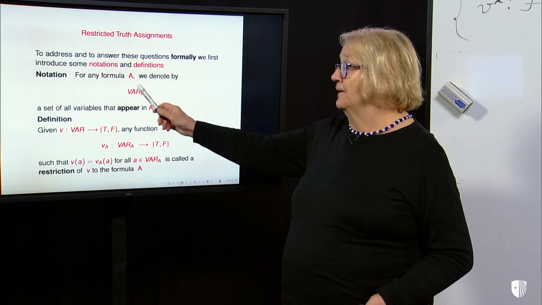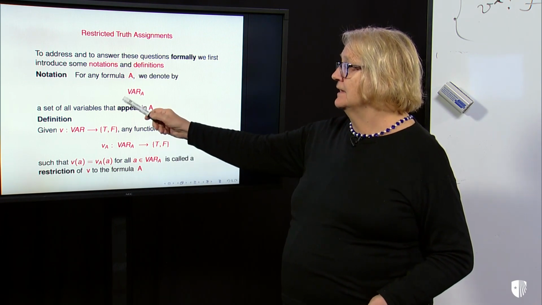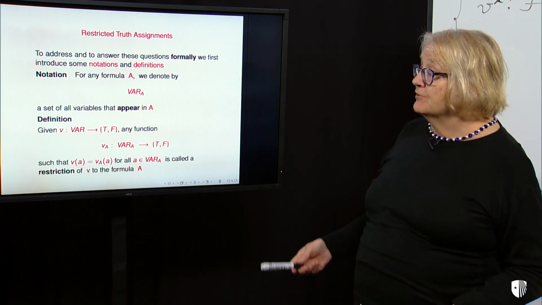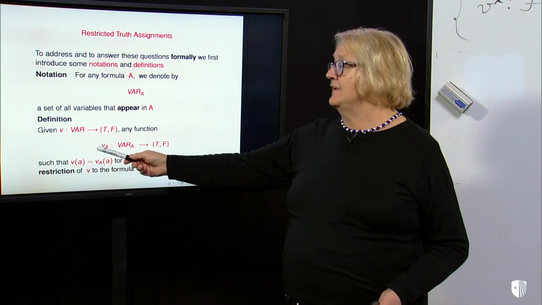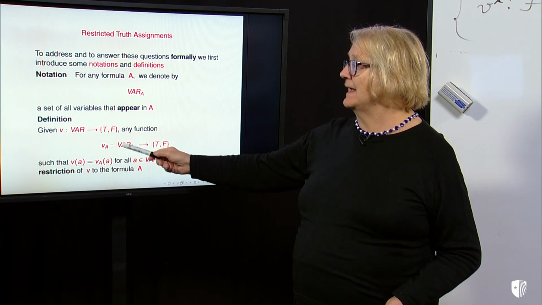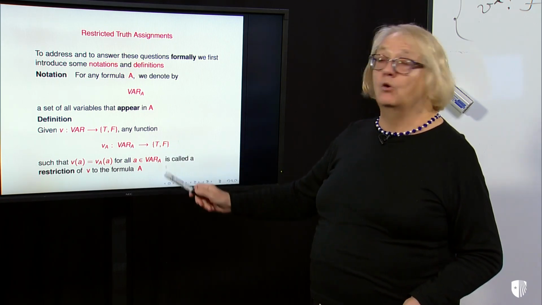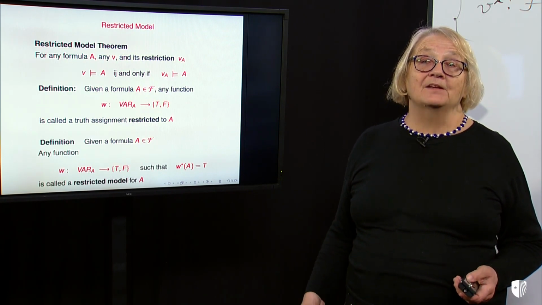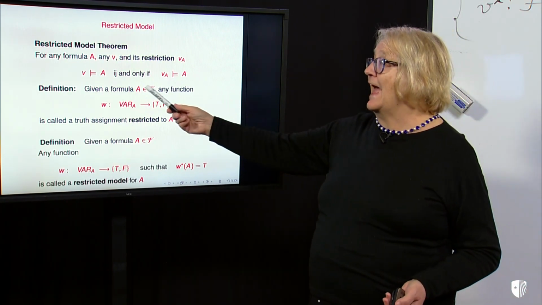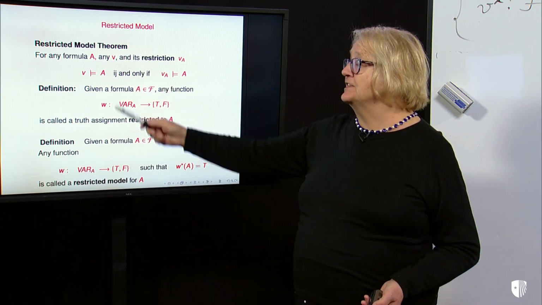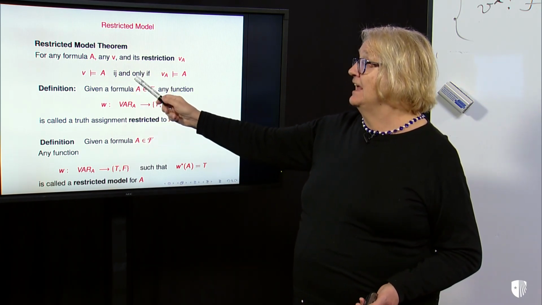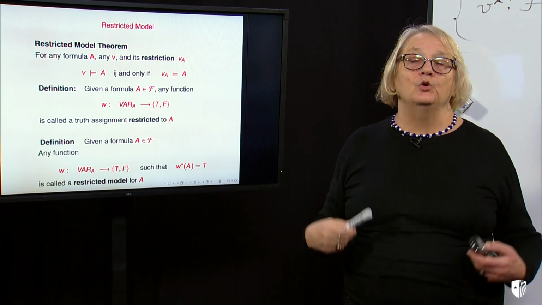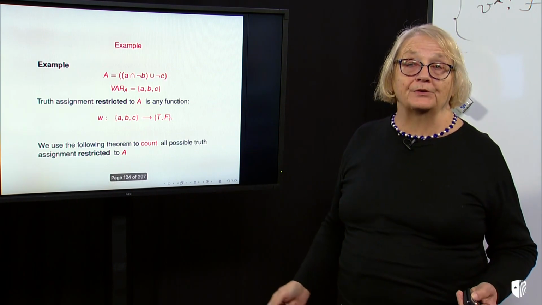We call the variables of A the set of all variables which appear in A, and the V_A that maps variables in A into T, F is called the restriction of V to the formula A. You can show that V satisfies A if and only if that restriction satisfies A. So it means you can count only the restricted models.